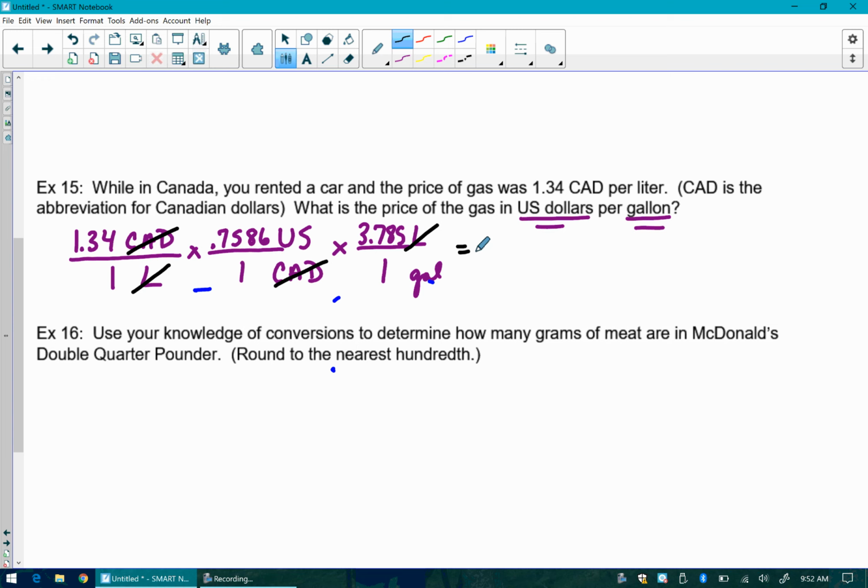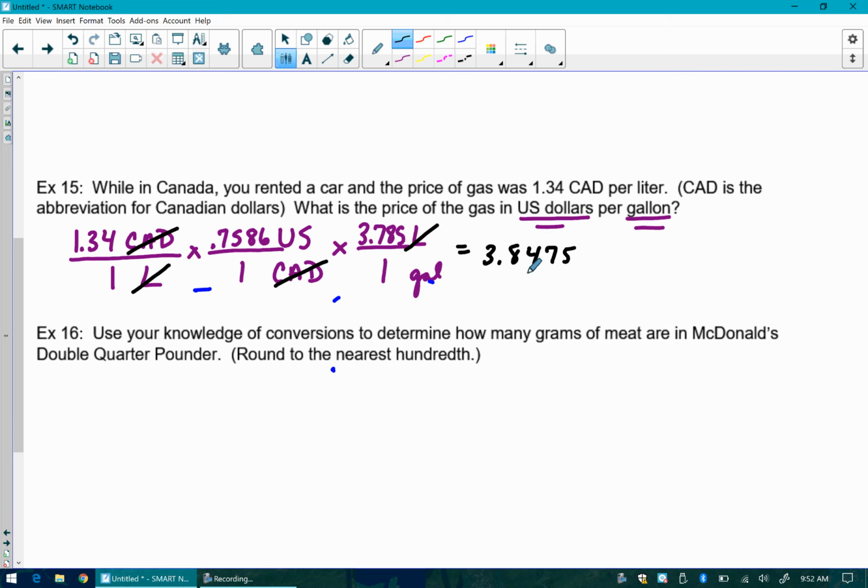And I just multiply straight across, and let me do this so I can show the proper rounding. So you have 1.34 times 0.7586 times 3.785. In your calculator, you should be getting a 3.8475, and you get some more numbers, but that's plenty. Anytime you are doing any kind of money conversion, you're always thinking about dollars and cents.